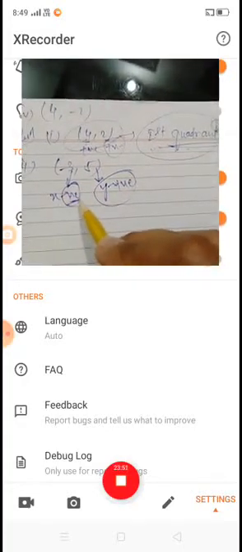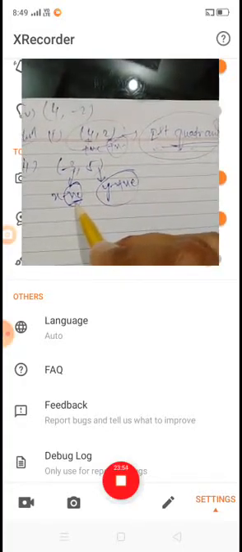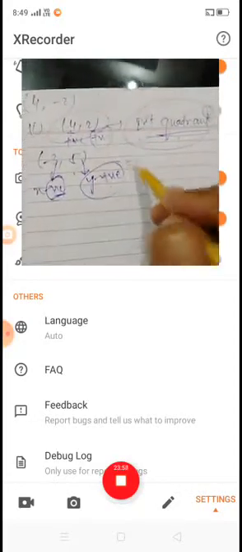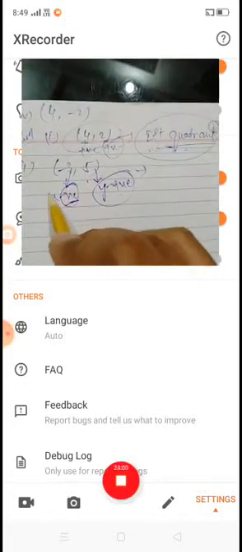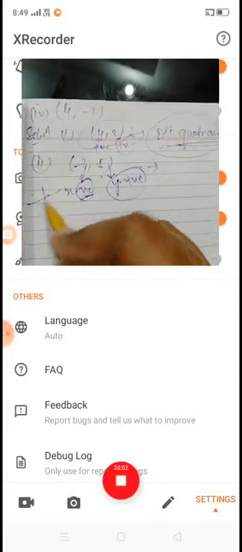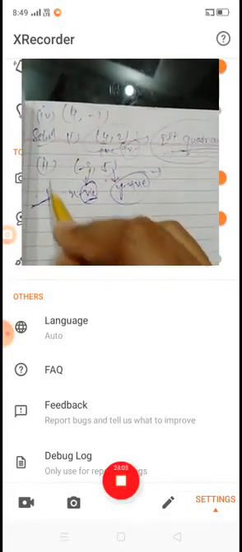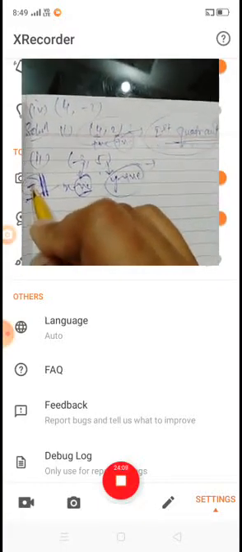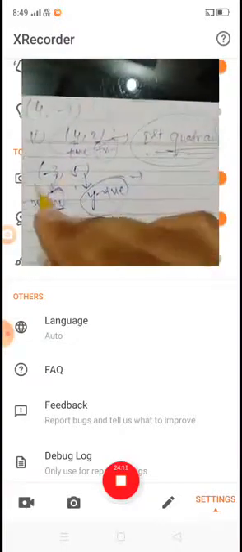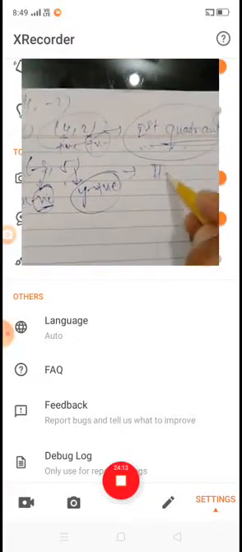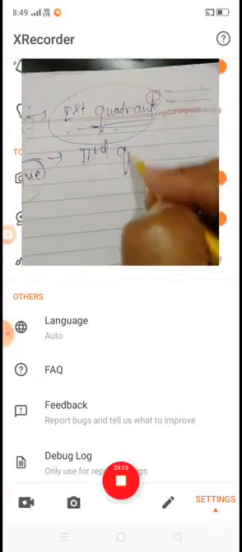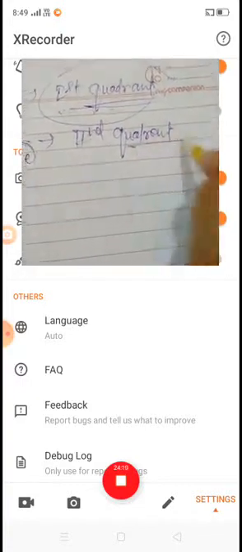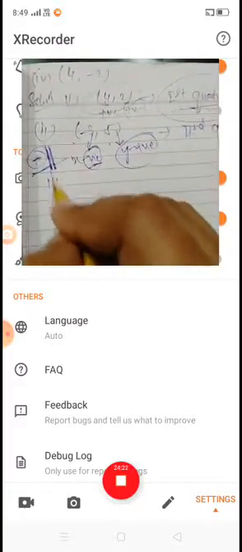We know that in the second quadrant abscissa is negative but ordinate is positive, so this point lies in the second quadrant.